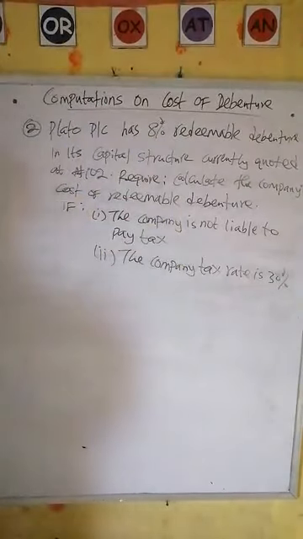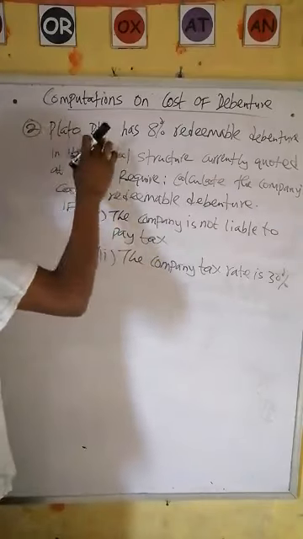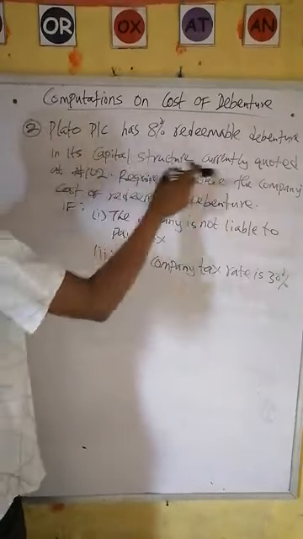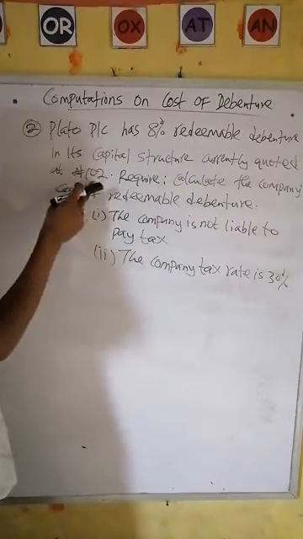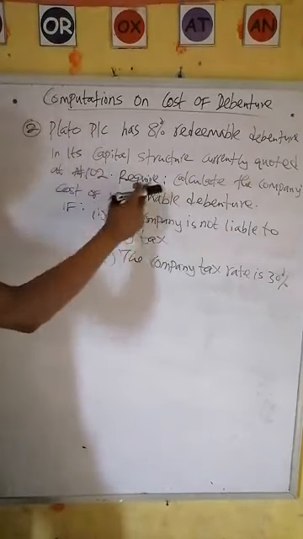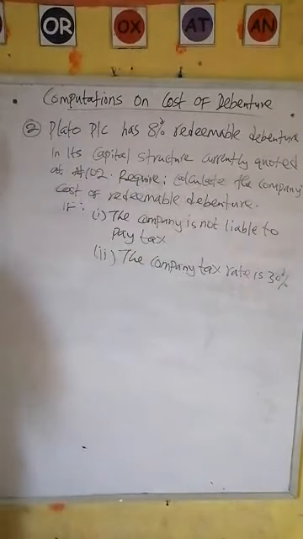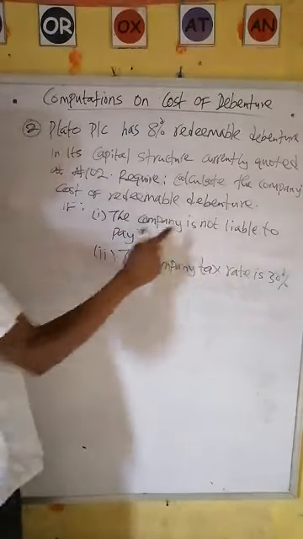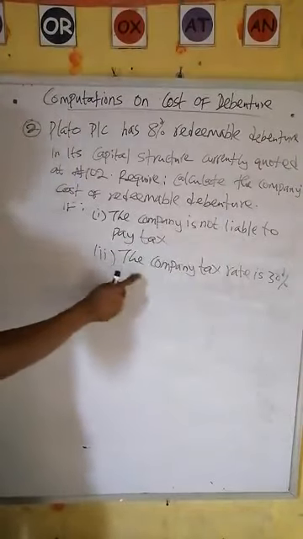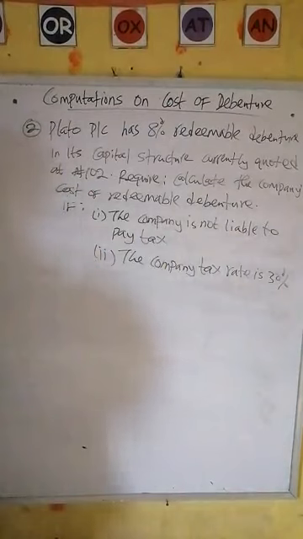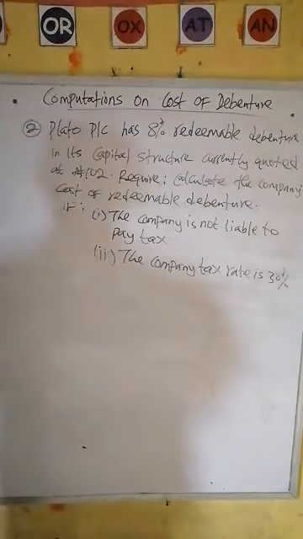Now, looking at this question: Plateau PLC has 8% redeemable debenture in its capital structure, currently quoted at 102 naira. Required, calculate the company's cost of redeemable debenture if the company is not liable to pay tax; two, the company tax rate is 30%. Now, this is a question that involves the issue of tax.